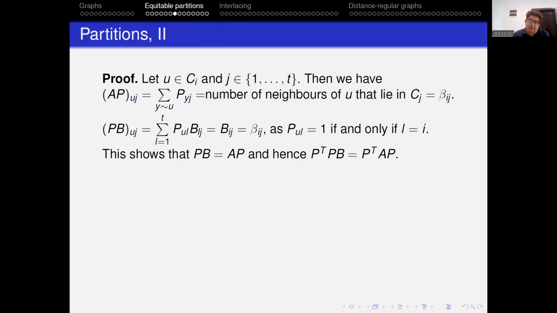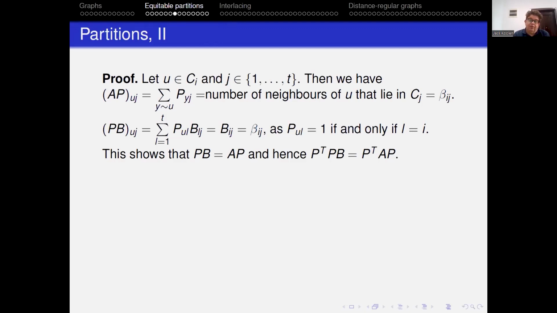On the other hand, if I calculate (PB)_uj, then I see that this is the sum over l from 1 to t of P_ul B_lj.